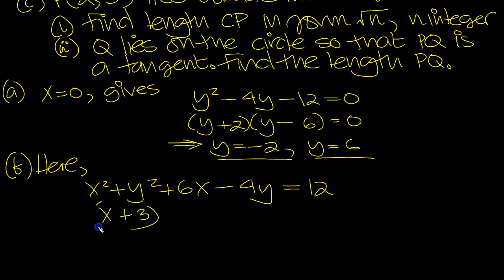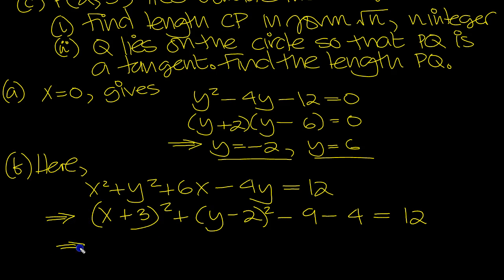Half of that, square it. Y minus half of this is 2, square that. So this would be 9, wouldn't it? So put a minus 9 to be 0. This would be 4, so we need a minus 4 to balance the 4 that's here. And that all equals 12.